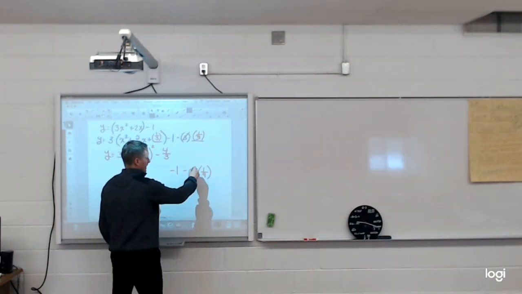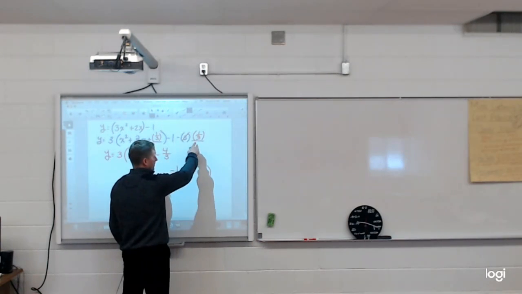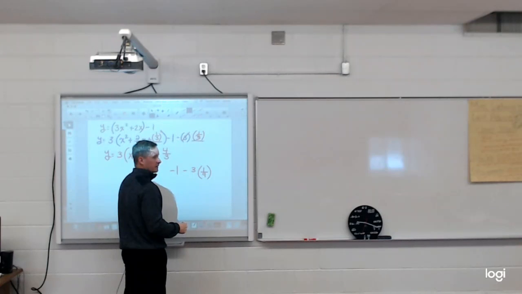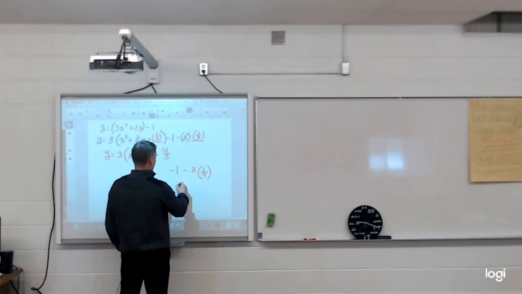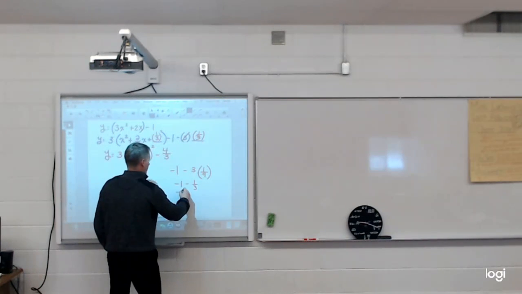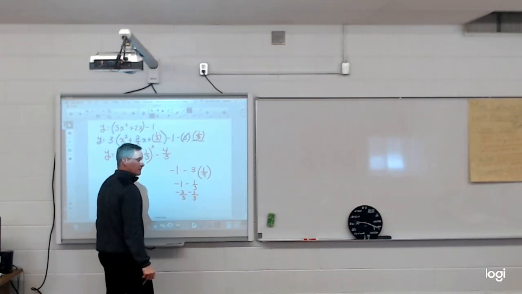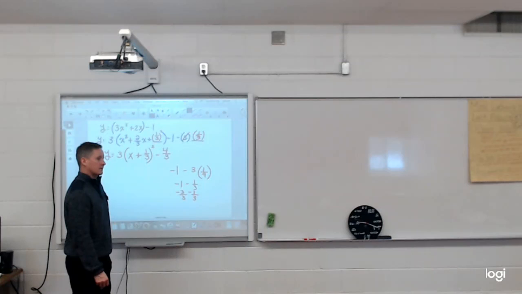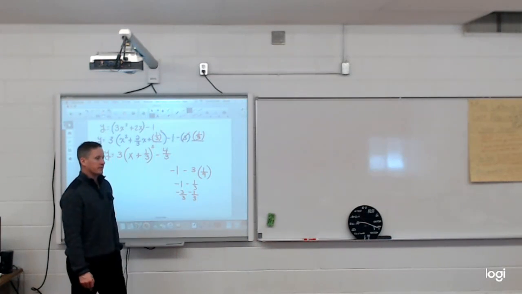So that changes to 3/9. And if I reduce 3/9, what do I get? 1/3. Right? Because 3 goes into 9 3 times. So I've got minus 1, subtract 1/3. My common denominator is 3. And minus 3 subtract 1 is -4/3.